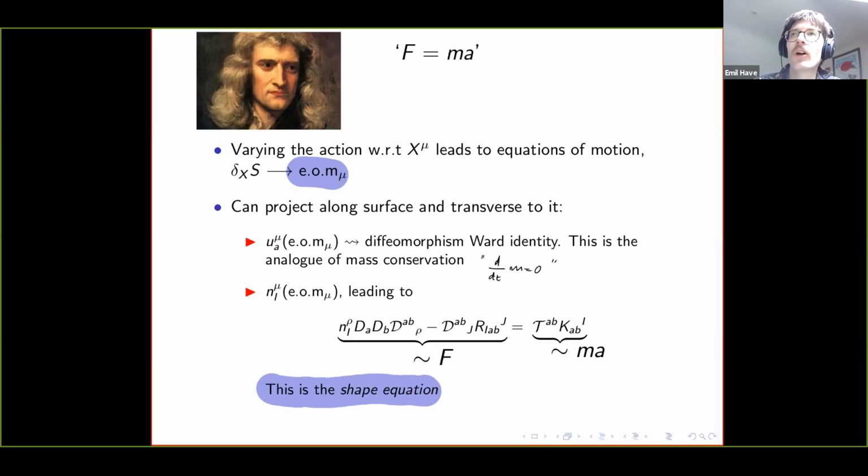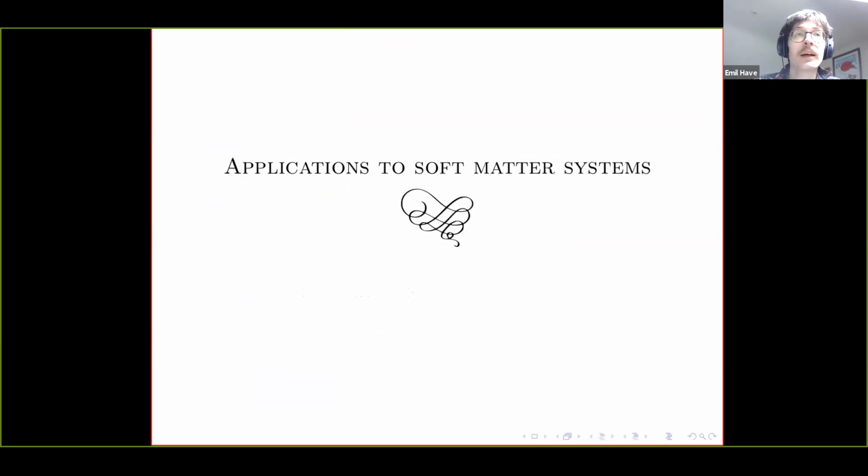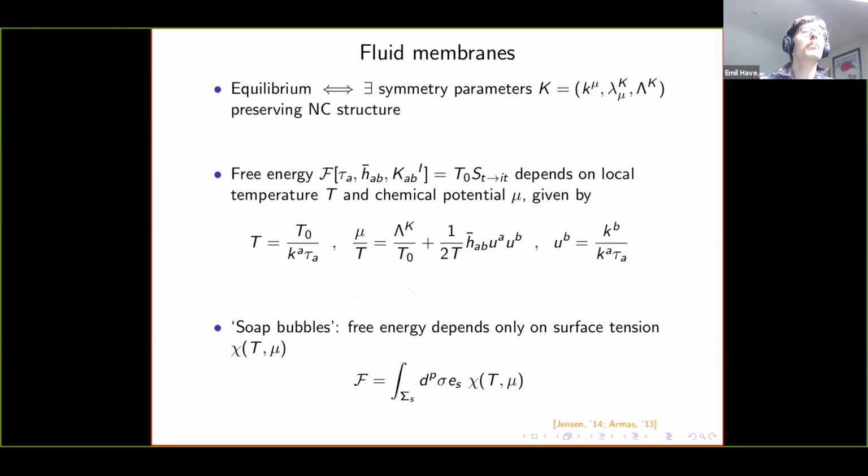Now, another very important aspect of using Newton-Cartan geometry is that precisely because we have this geometric formulation, we can apply the techniques of equilibrium partition functions or hydrostatic partition functions, if you prefer.